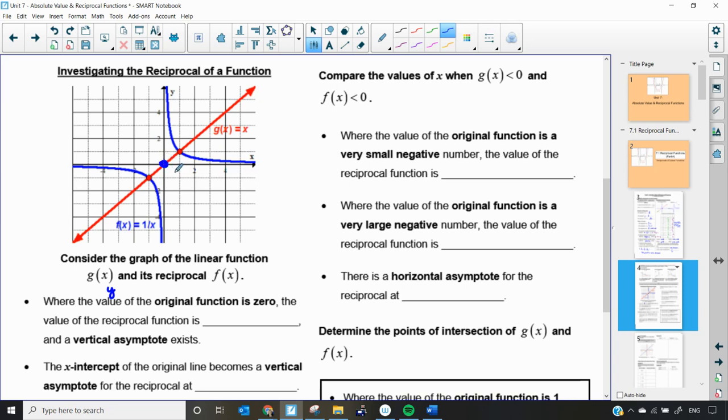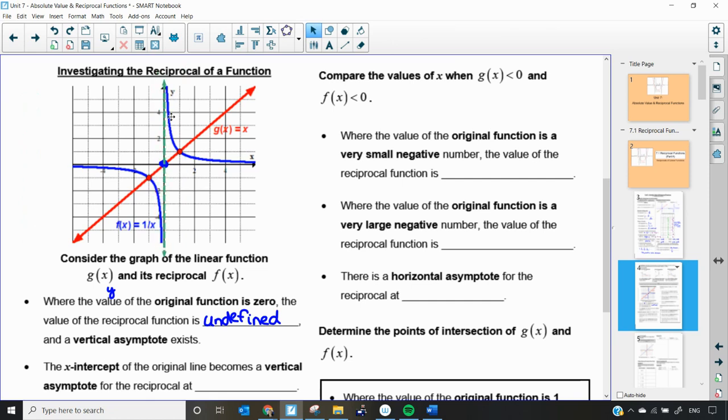Notice that our reciprocal function is undefined. And so where the value of the original function is 0, the value of the reciprocal function, sorry, is undefined. And that's where we have a vertical asymptote. And so I could actually draw a line right there.